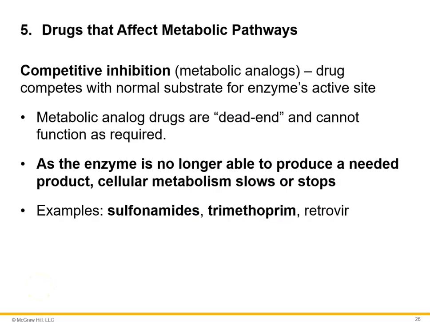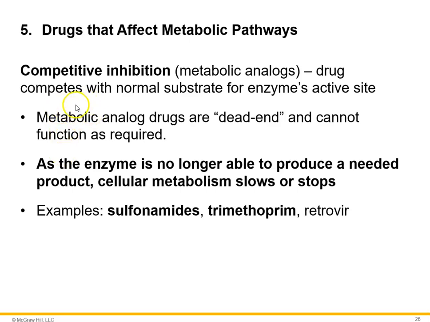All right, and then finally we have drugs that are going to affect metabolic pathways. So here comes that concept of competitive inhibition again. And remember, this is going to involve a drug that looks like the normal substrate for an enzyme, and so it's going to compete for the active site of that enzyme. It's competing against the enzyme's normal substrate, so that's why it's competitive inhibition.